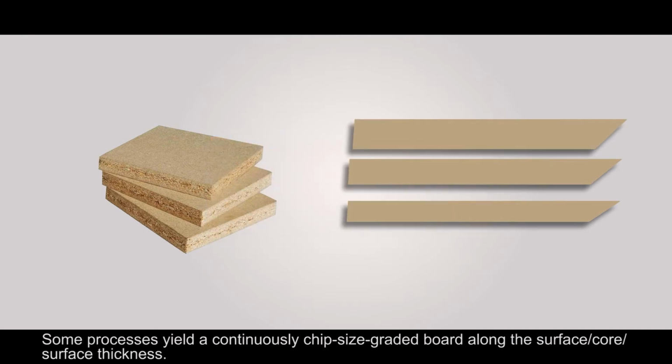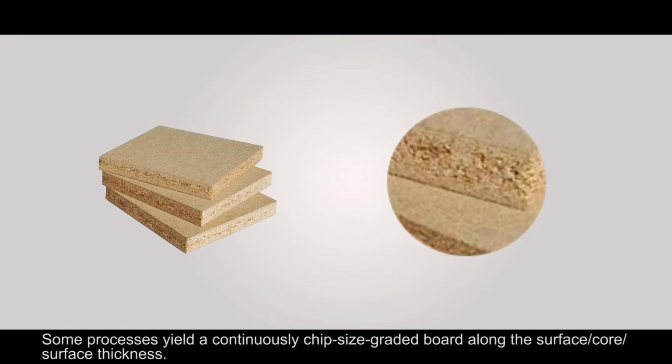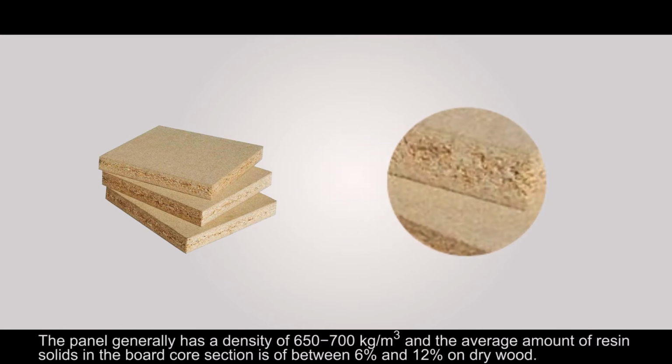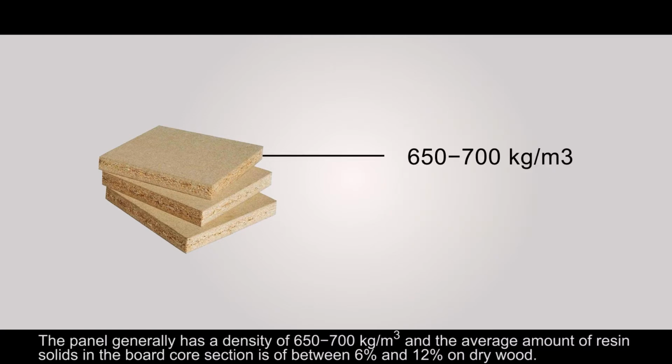Some processes yield a continuously chip-size graded board, along the surface, core, surface thickness. The panel generally has a density of 650 to 700 kilograms per cubic meter, and the average amount of resin solids in the board core section is between 6% and 12% on dry wood.